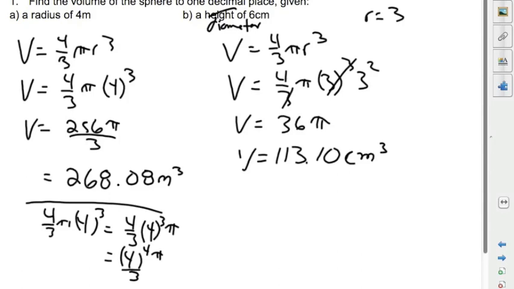My fingers are fat, these buttons are small, easy to make a mistake in our calculator sometimes. So that's why I want to do as little work with my calculator as possible, and this is why I reduced. Once I got this to be 3 squared times 4, I know 9 times 4 is 36. It's a lot easier for me to punch in 36 times pi on my calculator to get this answer.